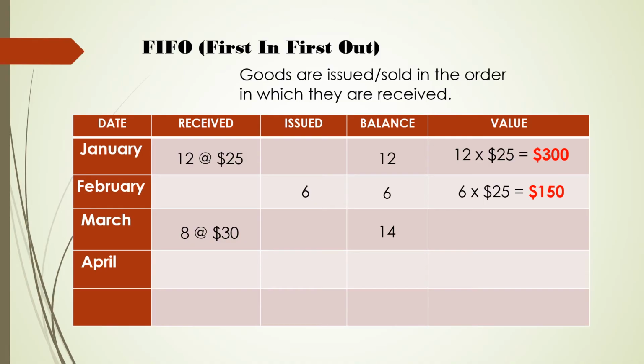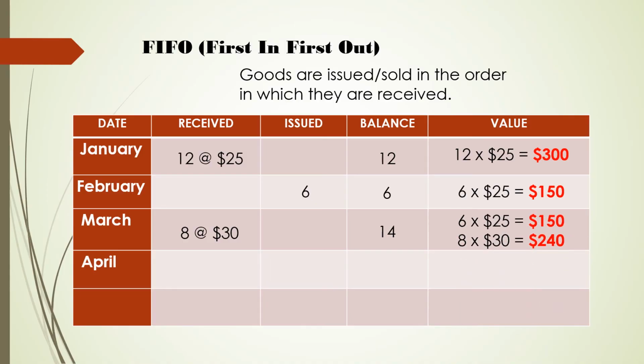Where did this 14 come from? Remember, we have an existing stock balance of 6 in February. We have received 8 in March. Therefore, 6 plus 8 is equal to 14. So our balance has increased by 8 to a total of 14.